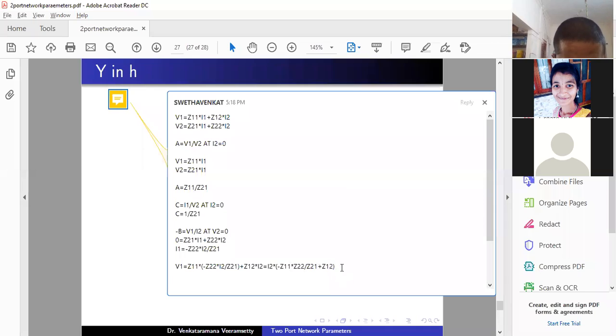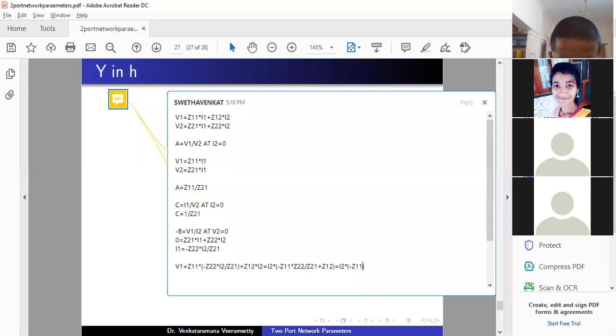After taking the LCM, we have I2 multiplied by minus Z11 into Z22 plus Z12 multiplied with Z21, divided by Z21.